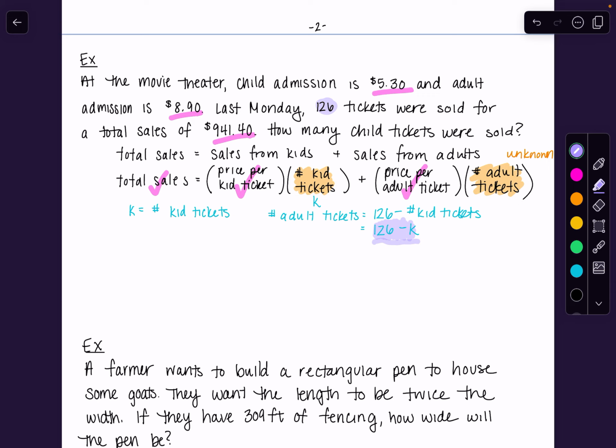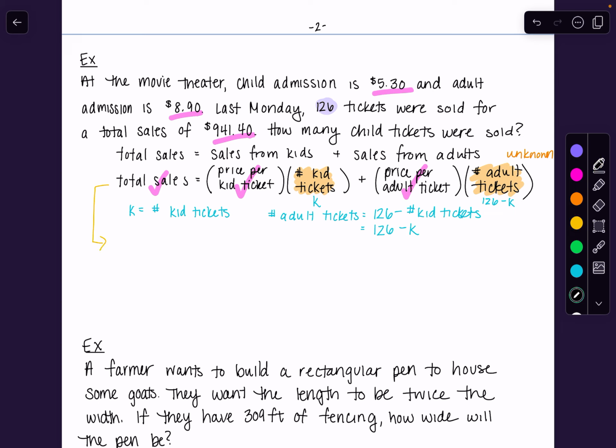If I sold 100 kid tickets, 126 minus 100 leaves 26 left over for the adults. So this is where that piece of information is getting used. Okay. So I have everything I need now to set up this equation because this is my last unknown. We're going to use the expression 126 minus K. So from here, we can go and create our equation.